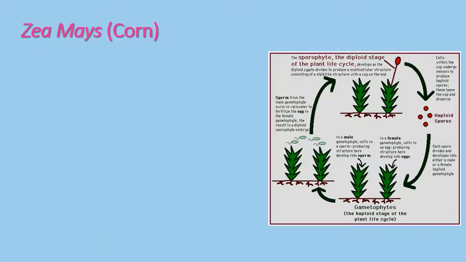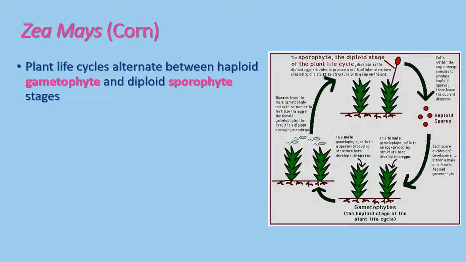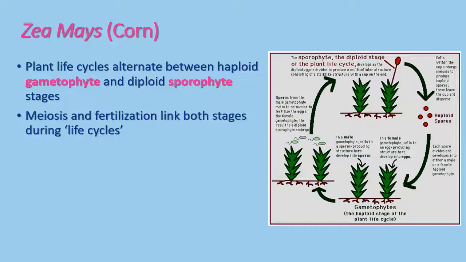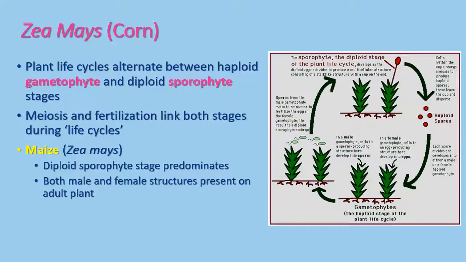In corn, the book goes into a lot of detail about how it reproduces, and we're not going to go into that much detail, but just know that all these plants alternate between a haploid gametophyte and a diploid sporophyte stage. Meiosis produces the gametophytes, and then fertilization forms the sporophytes.